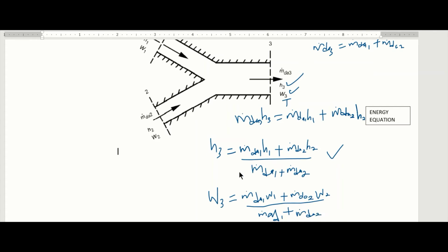We can also use the same formula to get our dry bulb temperature.